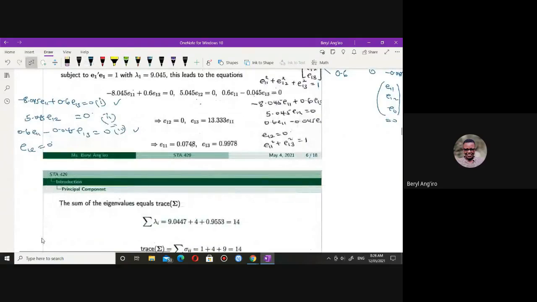So E13 is 13.333 E11, from either this or this. Then this is subject to E1 transpose E1 equals 1.